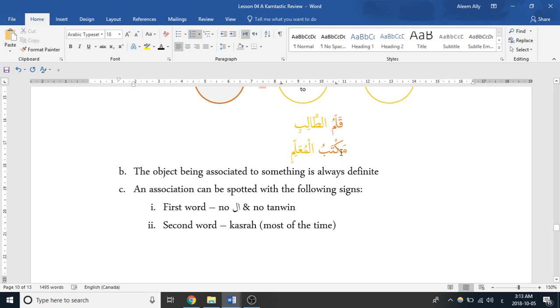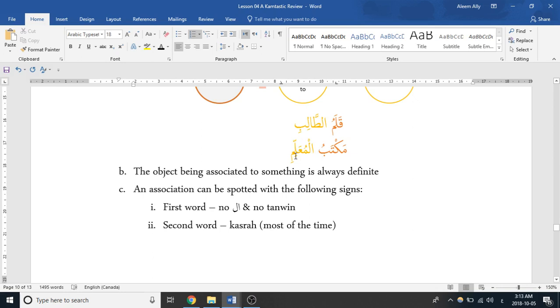This over here is مكتب المعلم. So once again, we see no alif lam and no tanween. That means that it's being associated to the word after it. And then this word takes a kasra, being in a state of jar, right? So مكتب المعلم. This means the desk of the teacher, right?